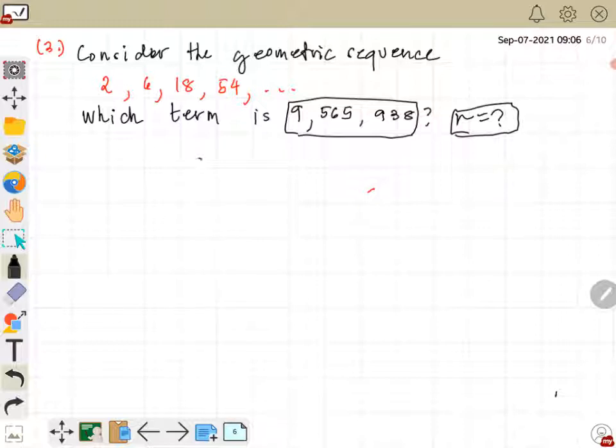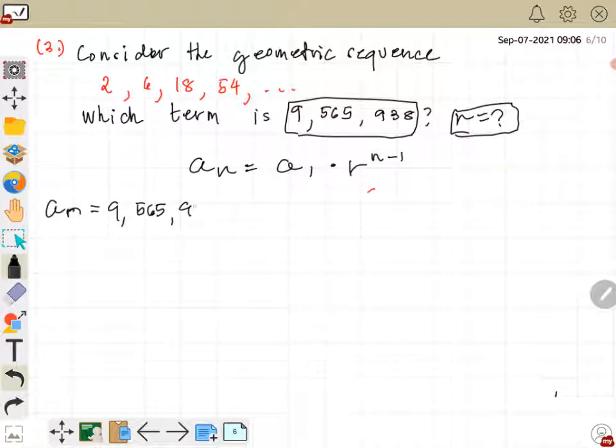We have a sub n, so our a sub n will become that 9 million, 9,565,938, and we don't know our n, but we know our first term, which is 2, and our r, which is 3.